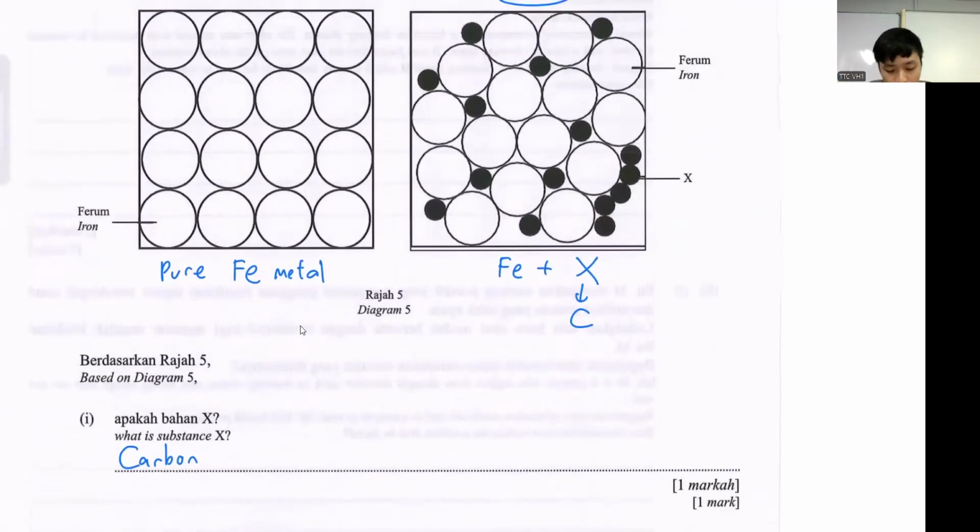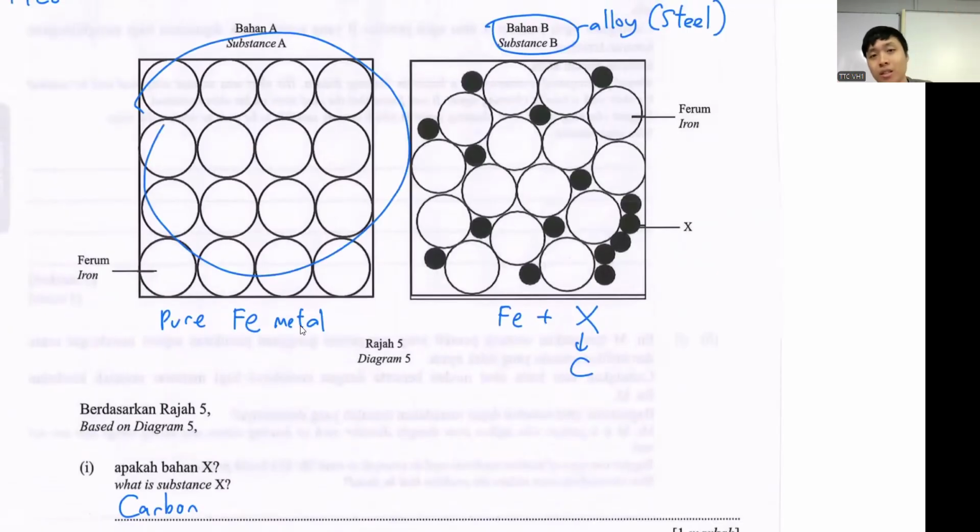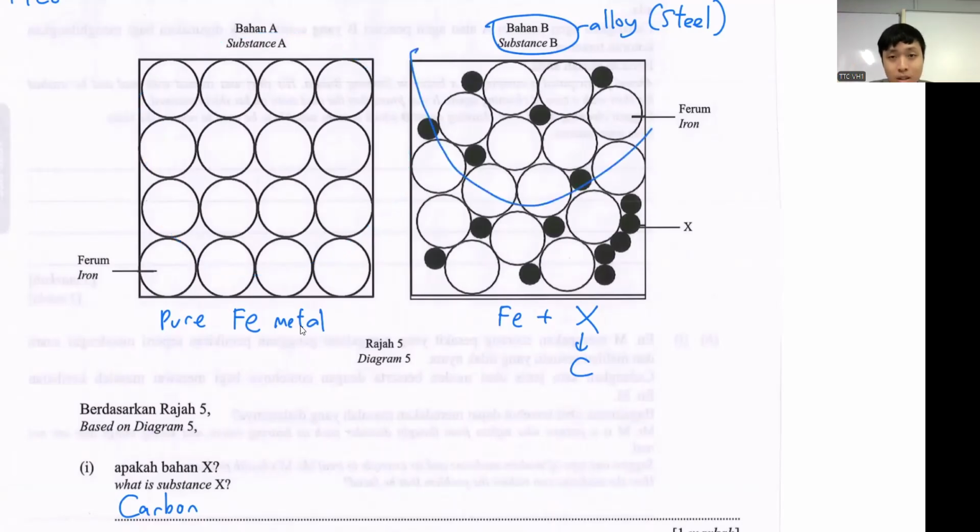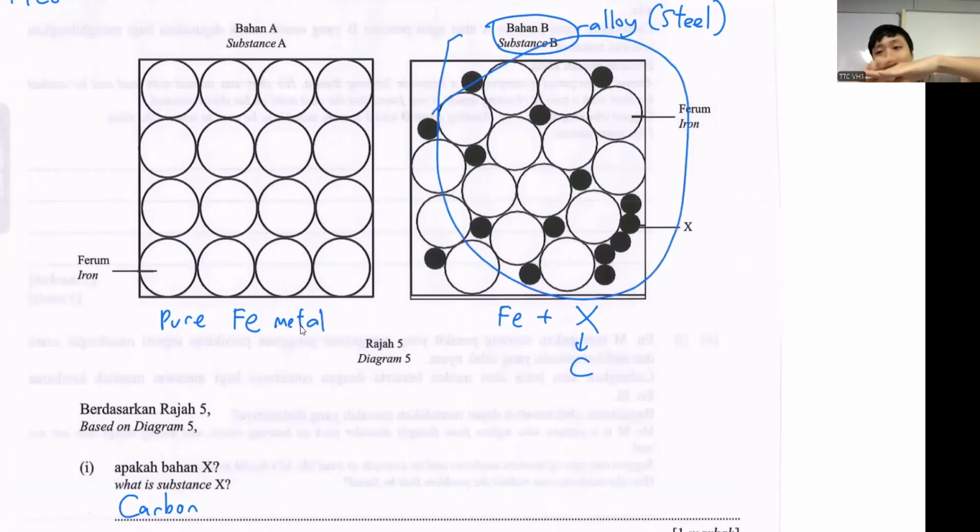If it is normal metal and you hit too hard, it becomes dented. That is what we call not malleable. If you hit an alloy very hard, the shape remains, no change. So you can hit very hard and nothing changes.